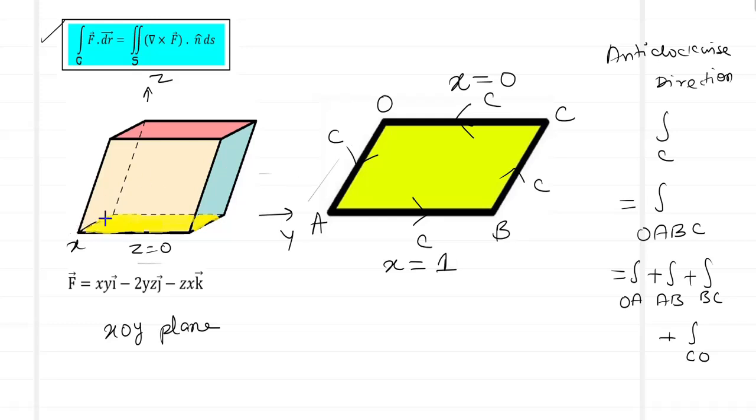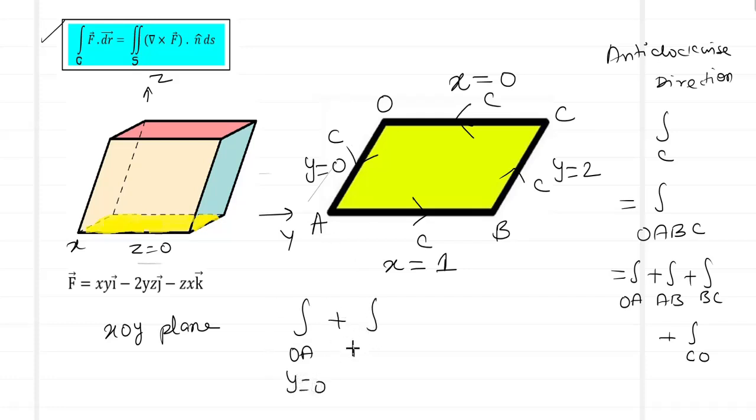So now about this XOZ plane. What is the equation of XOZ plane? This will be referred as Y equal to 0. How many units I move in the y direction? I move 2 units in the y direction. So this will be the line y equal to 2. So I am going to integrate along OA, which is called as y equal to 0.